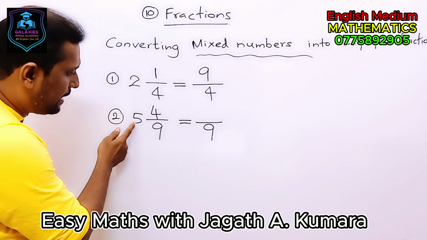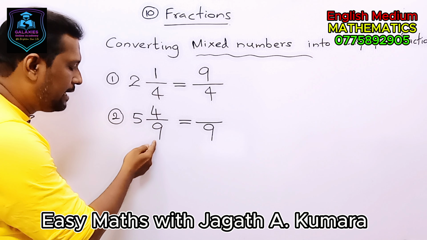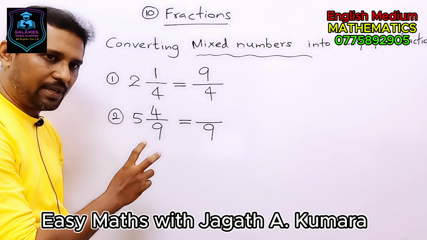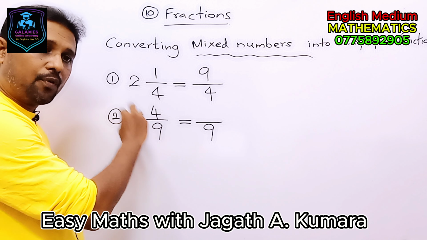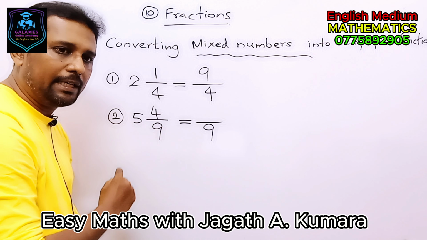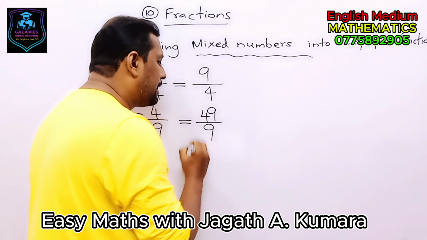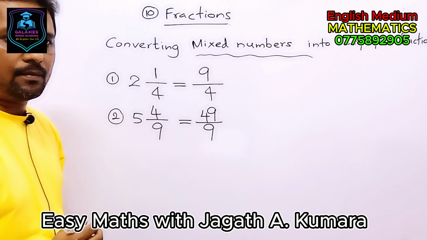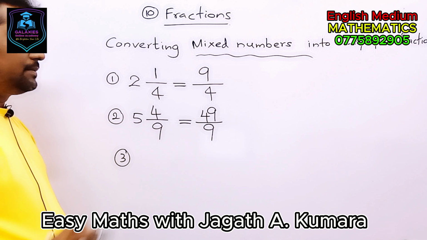First you multiply these two values. 9 times 5. 9 multiply 5 is 45. Then you add 4, the numerator value. 45 plus 4, 49. So what is the improper fraction? 49/9. Right? Okay.